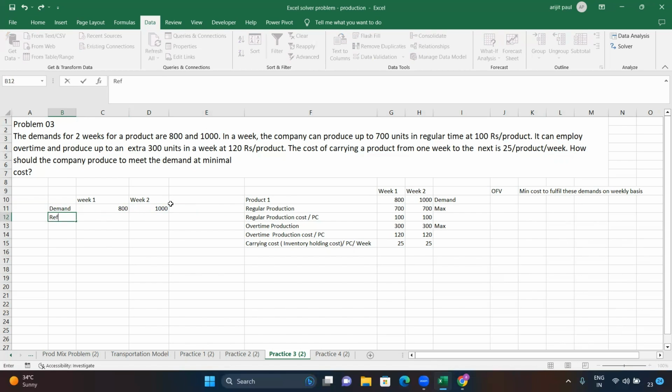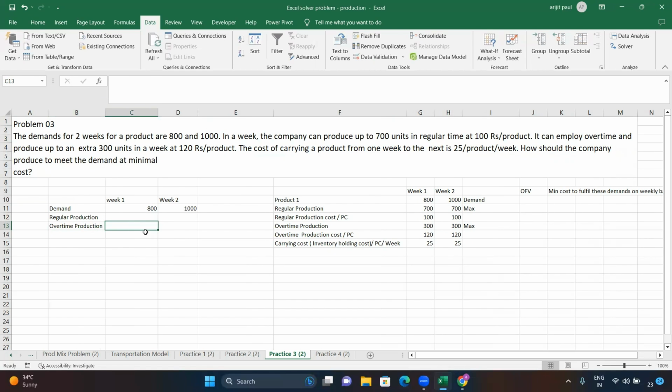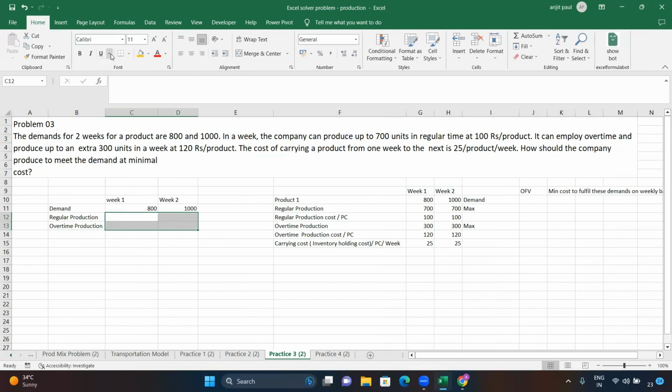Now regular production and overtime production. These two things we need to find out by using the Excel solver. So these become our decision variables.